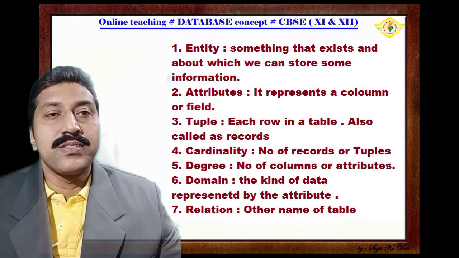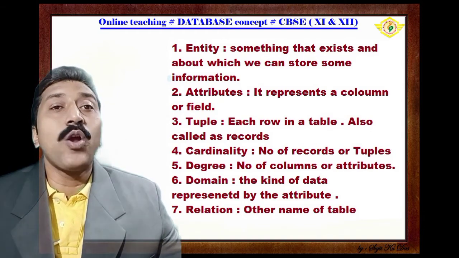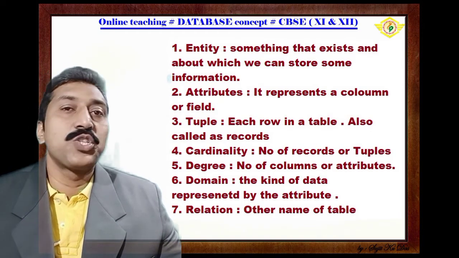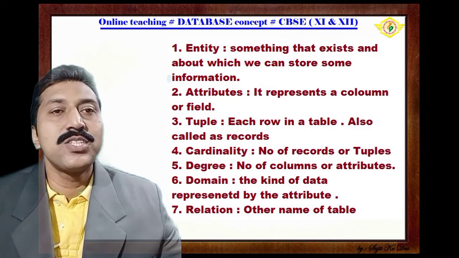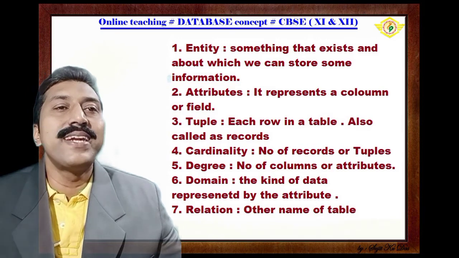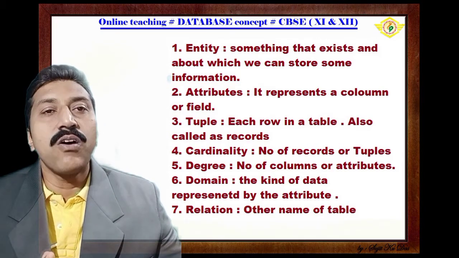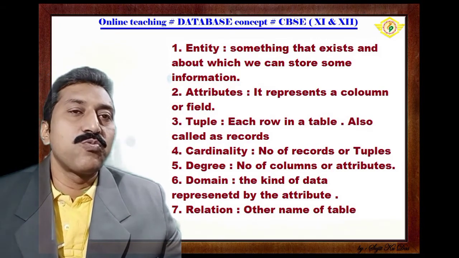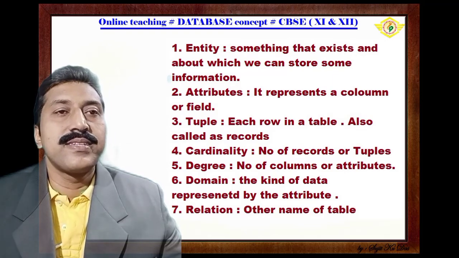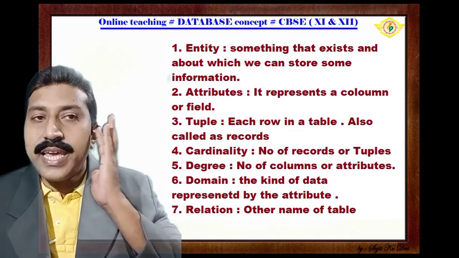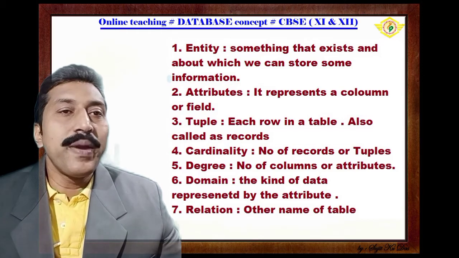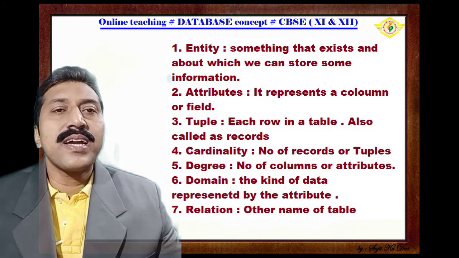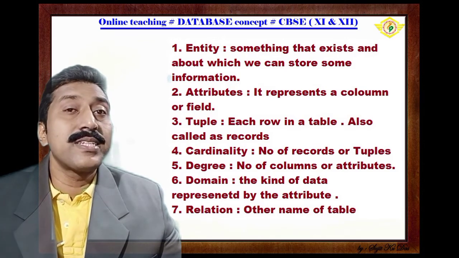Degree of relations. The number of columns or attributes is known as the degree of the relation. Thus, the degree of the student relation will be according to its fields or attributes. Suppose one relation has name, roll number, class, so that means degree 3. Domain of relations. It defines the kind of values represented by the attribute.